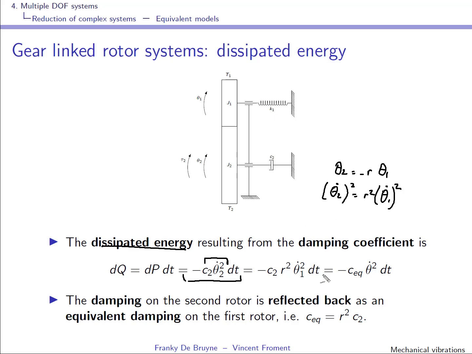This is how you obtain this equation, a damping coefficient brought back to the axis of rotation over here. So it's an equivalent damping coefficient. The damping on the second rotor is reflected back as an equivalent damping on the first rotor, written as this expression.